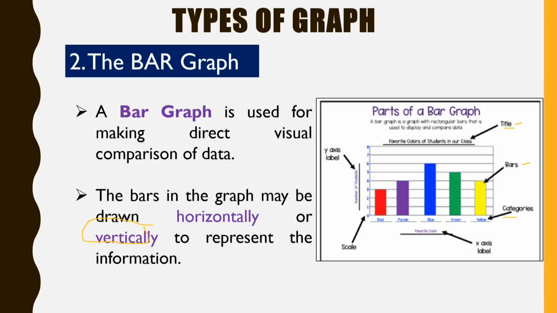Then we also have the categories, and then our scale from 0 to 8, and then the x-axis label, which is the favorite color, and the y-axis label, which is the number of students. So those are the different parts of a graph.